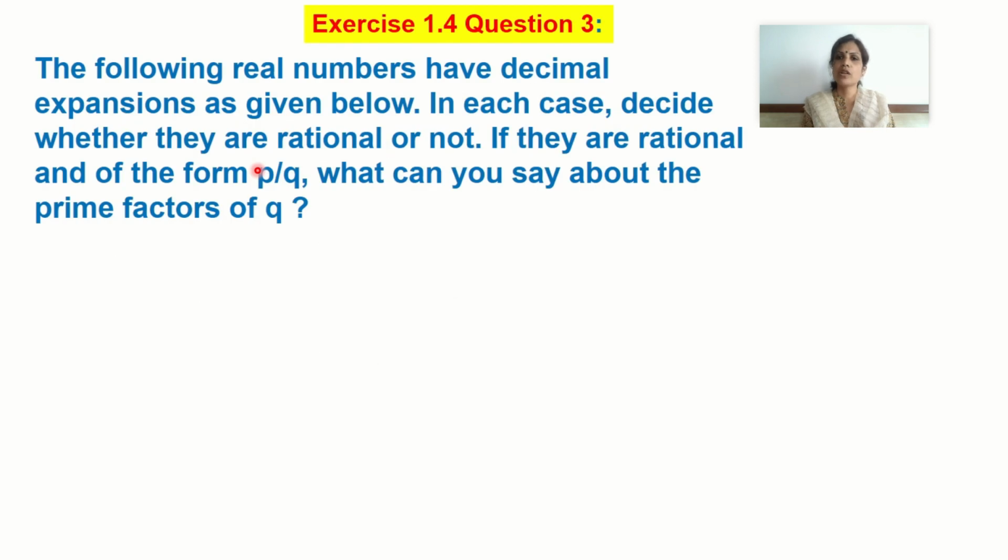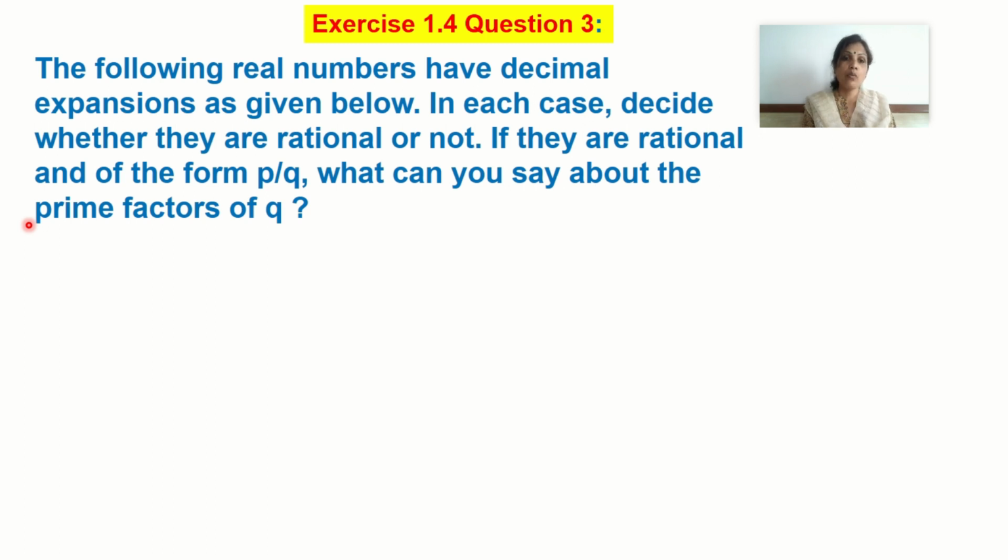This is question number 3, exercise 1.4. The following real numbers have decimal expansions given below. In each case, decide whether they are rational or not. If they are rational and of the form p by q, what can you say about the prime factors of q?